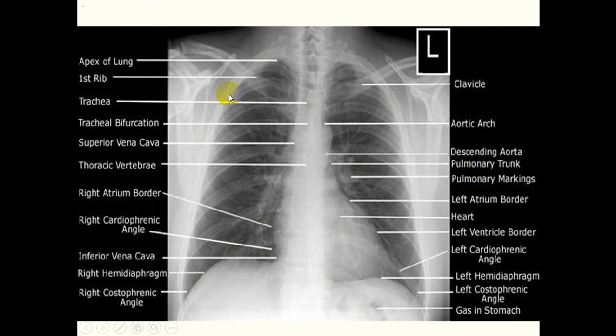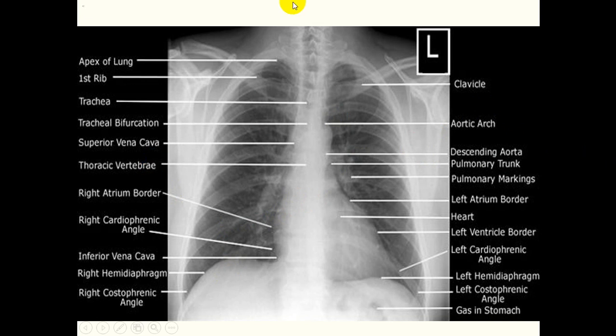This is a standard postero-anterior radiograph of the chest wall, and I have included this slide because this x-ray is important as it is frequently done, and also because it is important in one of the OSPE stations, where it is frequently added.